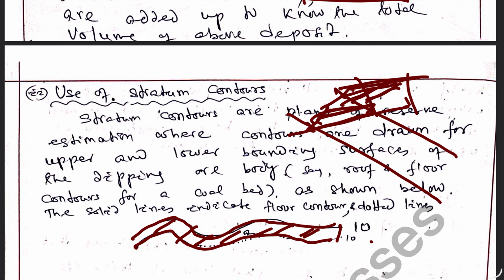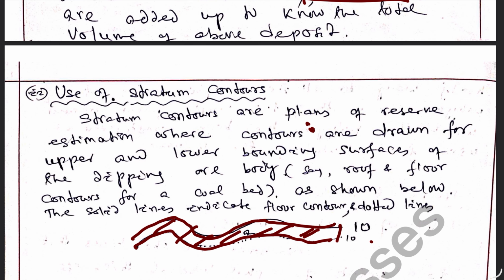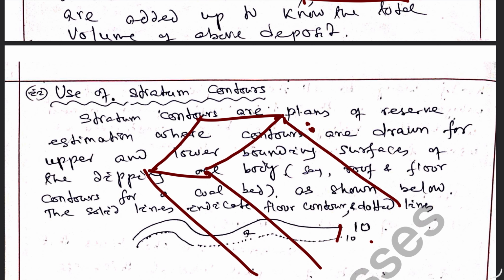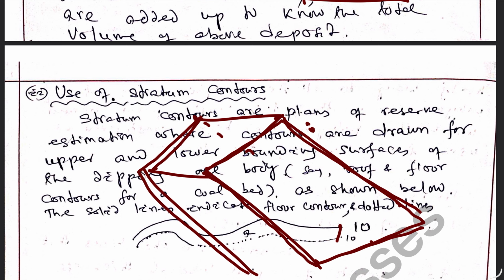Let me further make it clear by a neat diagram. Let us say this is a whole body dipping like this. So this is the upper surface, this is the bottom surface.